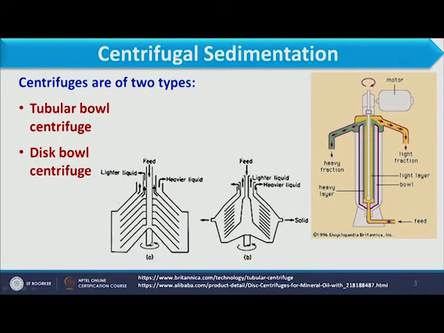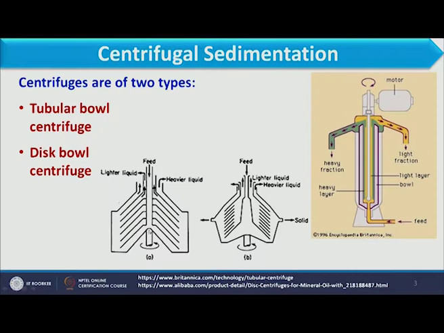In this case feed enters from the top, and this complete assembly, that is the shaft where the discs are available, rotates. The feed coming from the top is first divided into two sections, on both sides of the bowl, as you can see in this diagram.